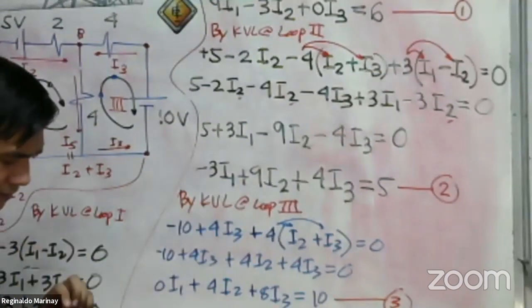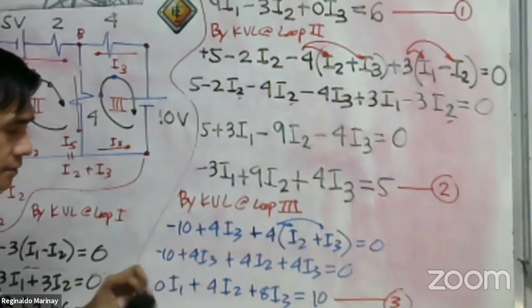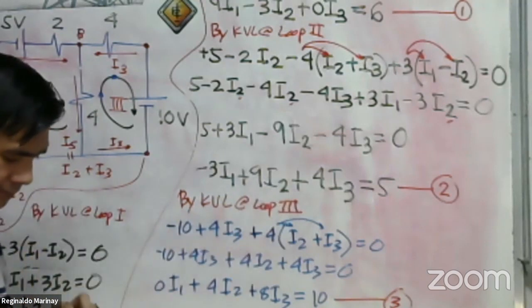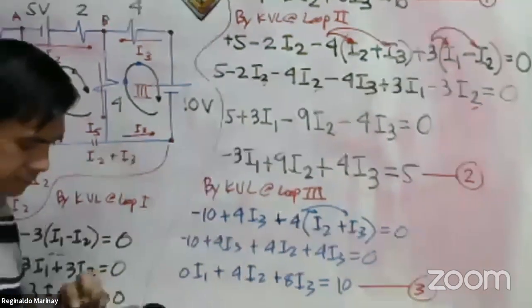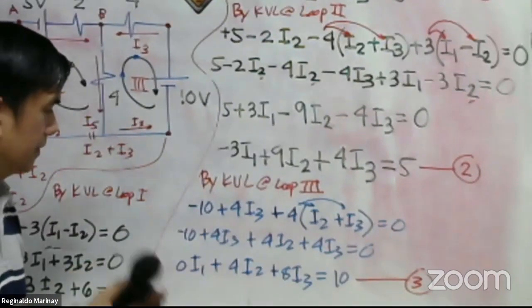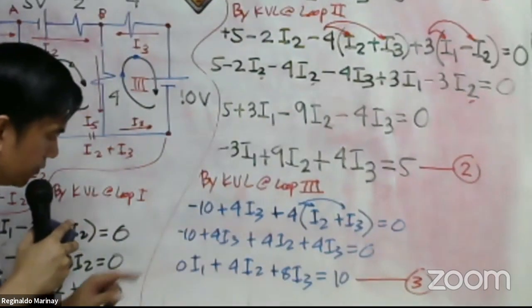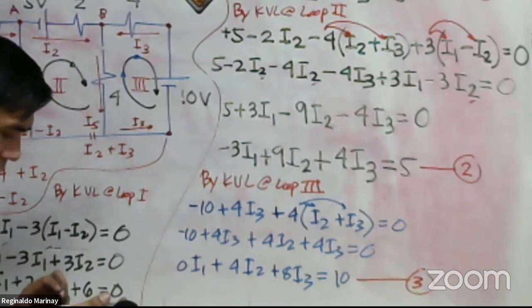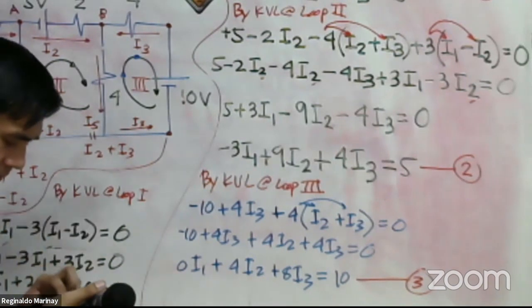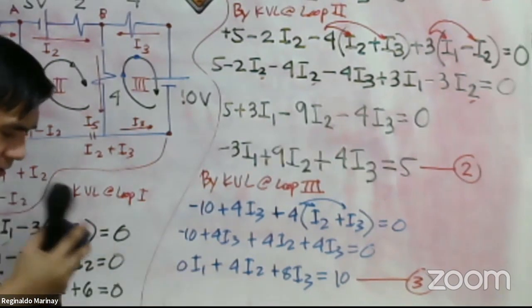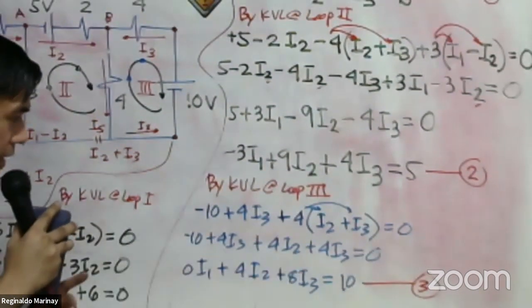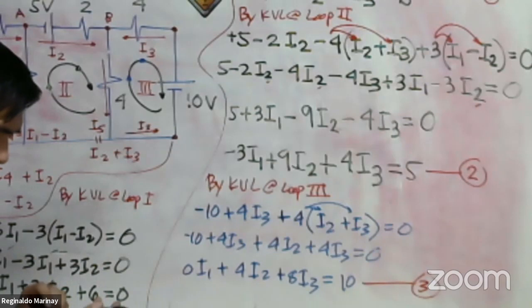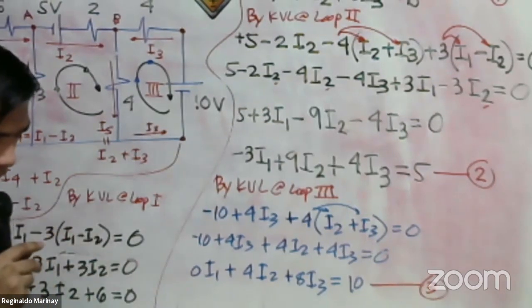Then we have 9 equals. 4 equals. 5 equals. Equation number 3. 0 equals. 4 equals. 8 equals. Then we have 10 equals. Then you press now equals.